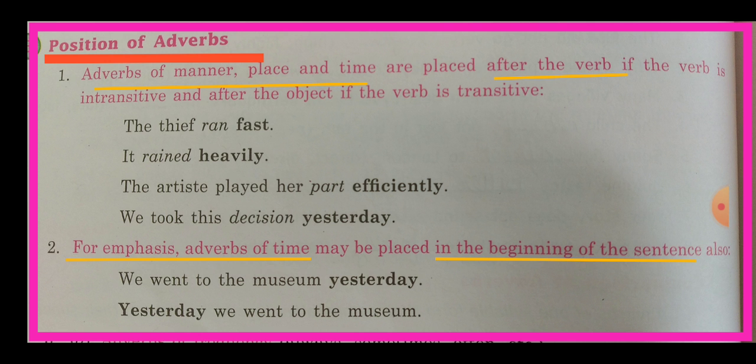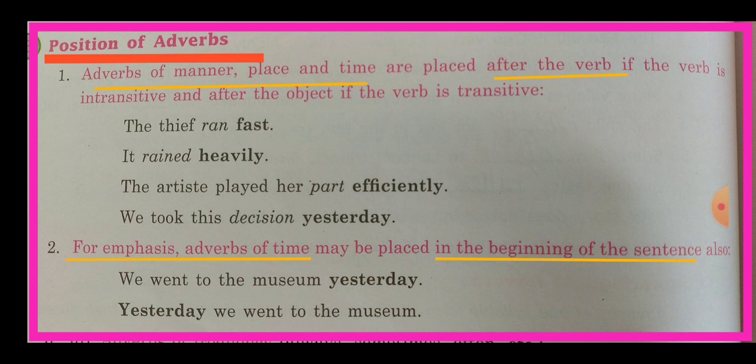So in such sentences we will get the adverb after the object, like we took this decision yesterday. Now took is our verb and decision is our object. After decision, that is after the object, we have the adverb. Yesterday is our adverb. So it depends on the verb. If it is intransitive, then we will find it after the verb. If the verb is transitive, then we will get an adverb after the object.